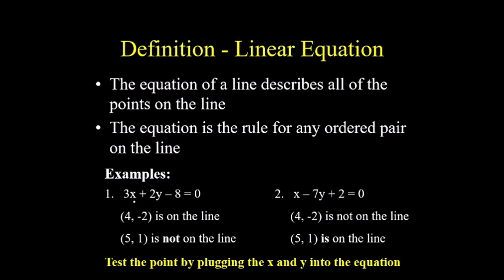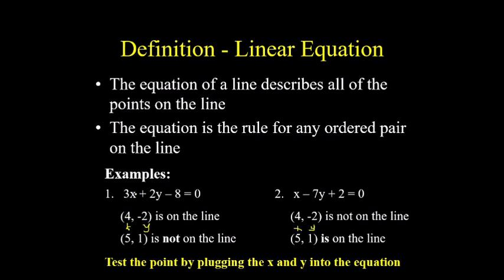Let us substitute 4 as x. 3 times 4 is 12, and your y is negative 2. This is your x, and this is your y. In the same way here, this is your x and this is your y.